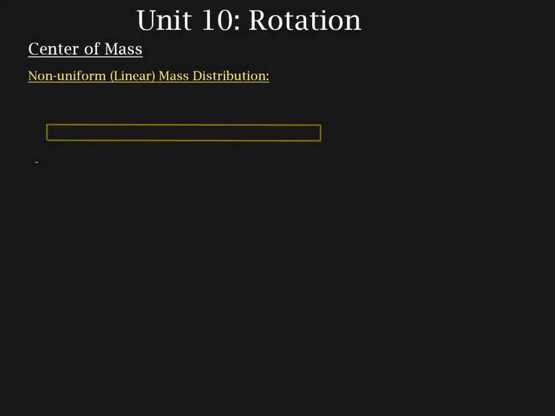Now we're going to take a look at a case of a rod which has a non-uniform mass distribution, and the mass is going to increase linearly as you go from the left end to the right end. Now, when it comes to setting this up, it might be helpful to think about what might actually be causing a linear increase in the mass.